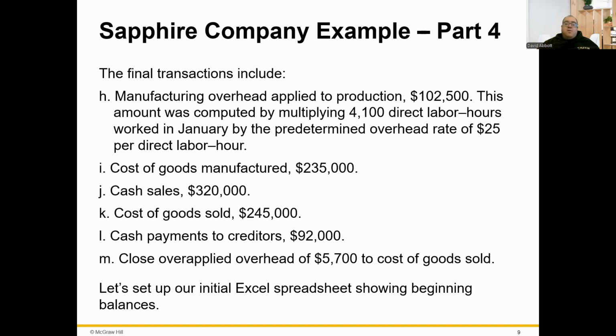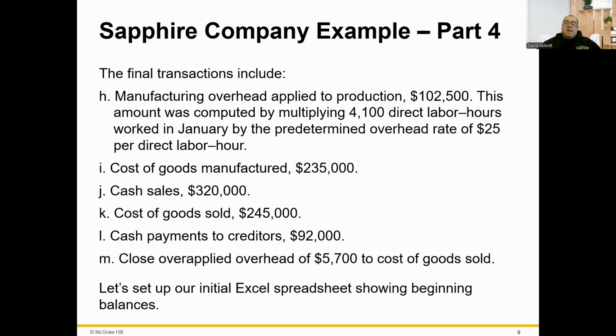Then they had cost of goods manufactured of 235,000, cash sales of 320,000, cost of goods sold of 245,000, cash payments to creditors of 92,000, and then they closed the overapplied overhead of 5,700 to cost of goods sold.